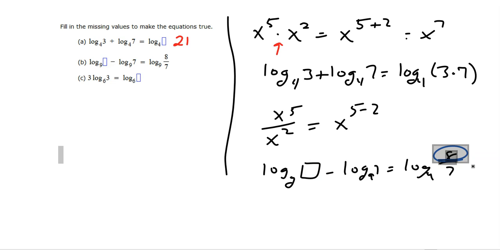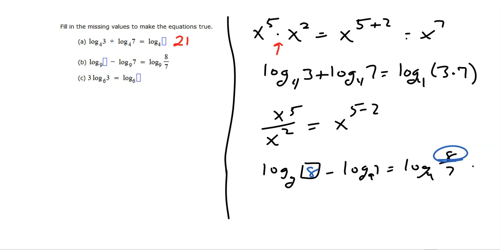So when you're subtracting logarithms, you can combine them together, and if it's subtraction, you divide. If you already have the division and fraction, you can always split it up by working backwards.